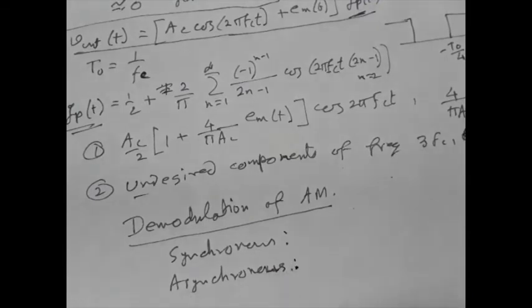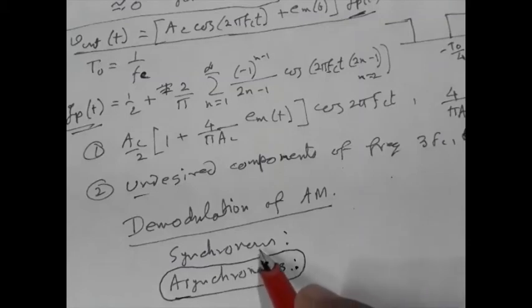But for AM, the original message signal may be recovered using synchronous or asynchronous detector, but to make the whole system cheaper, generally for amplitude modulation we use asynchronous detector. Synchronous detectors are very rarely used in demodulation of AM. So first we will try to understand the asynchronous detector of AM.